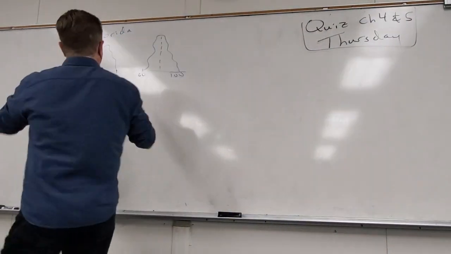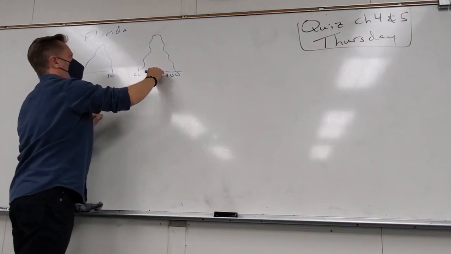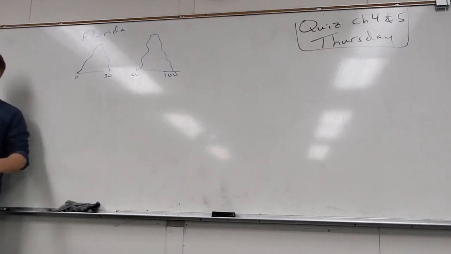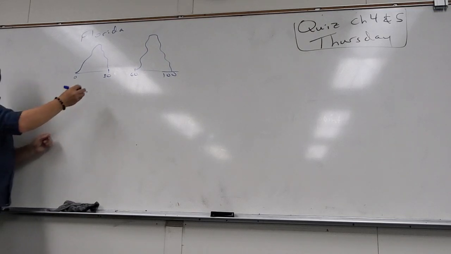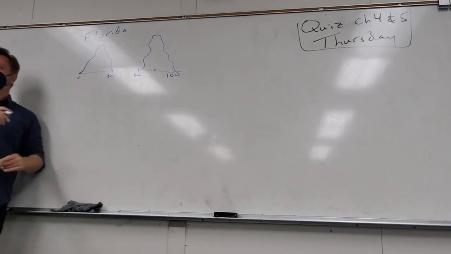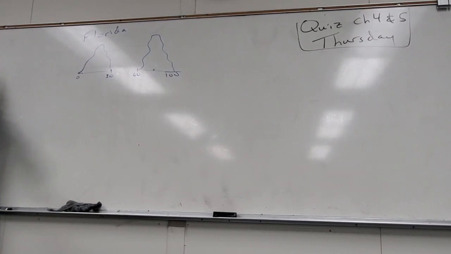Okay. So, this picture, how would this picture be constructed if it was a real picture? I would walk around Florida and I would ask people, how old are you? So they would say, I'm 79, so I'm 79. Somebody else said, I'm 1. Okay, there's 1, right? And I would just keep building.